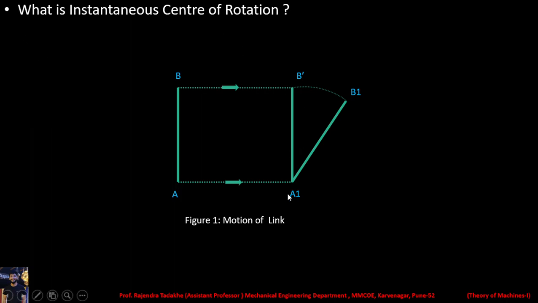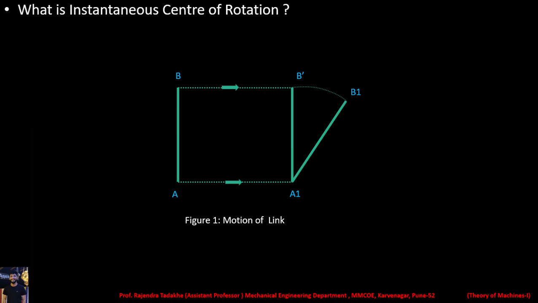But there exists in this plane some point about which the link AB is having purely rotational motion, though it is a combination of linear motion and the rotational motion. But I repeat, there exists one point in this plane about which the link AB is having a purely rotational motion, and that point is called as instantaneous center of rotation.